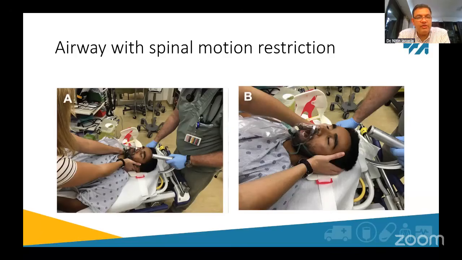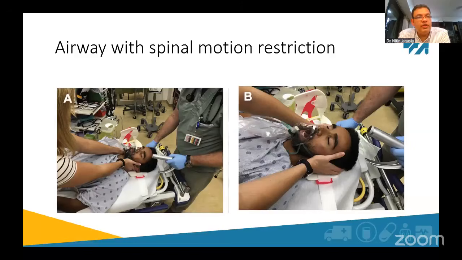You've got a couple of pictures there, A and B. Ideally, I would like this to be interactive, asking which is the correct immobilization. But because we can't have that interaction, it is picture A. As you can see, the collar is taken off and one of the team members is holding the neck. While we are going to intubate this patient, we do not want that to move.